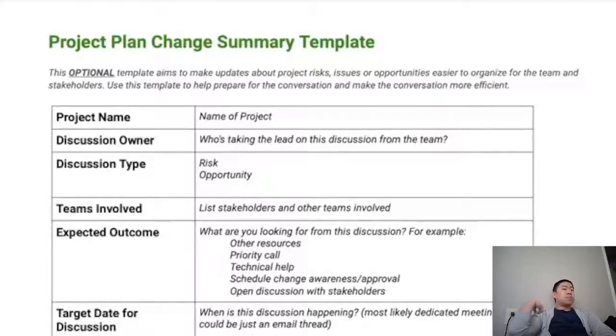In the provided template, which uses a 2x10 table, you'll need to include information in the cells such as the project name, the discussion owner, who's taking the lead on this discussion from the team, discussion type. You'll want to let your audience know if you'll be discussing a risk, opportunity, or anything else. You'll want to identify the teams involved and the expected outcome of the discussion, which might be a change in priorities, schedule change, or an official call on how to proceed with an issue.